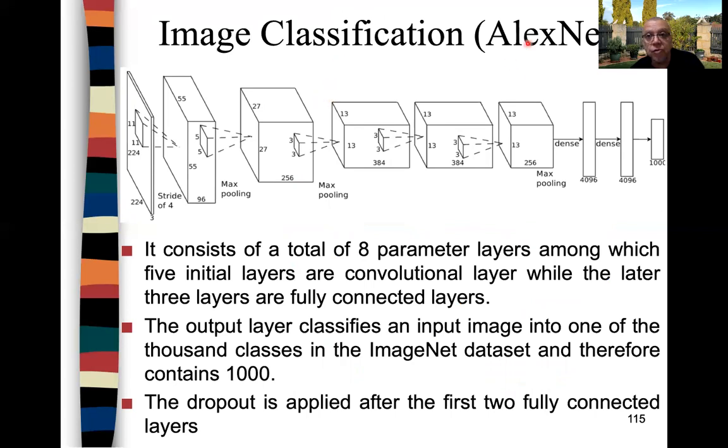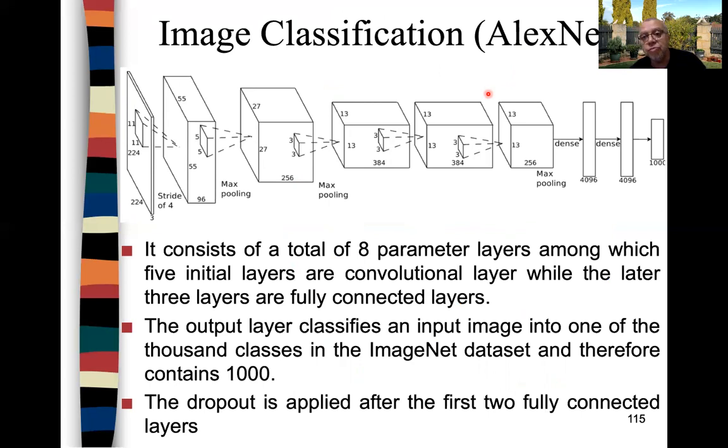So first we look at AlexNet. That was the first large-scale CNN model, which led to the resurgence of deep neural networks in the computer vision area.